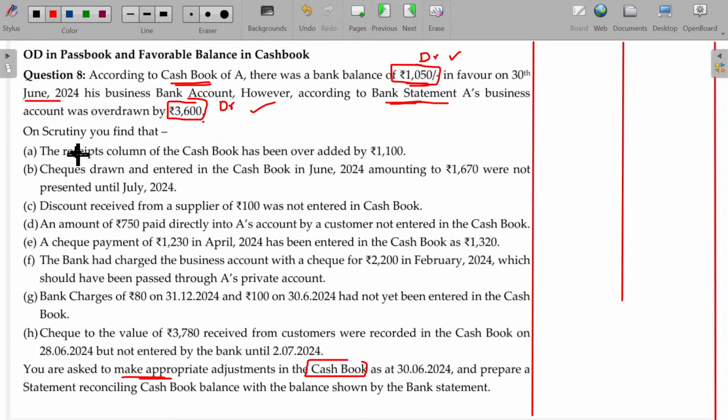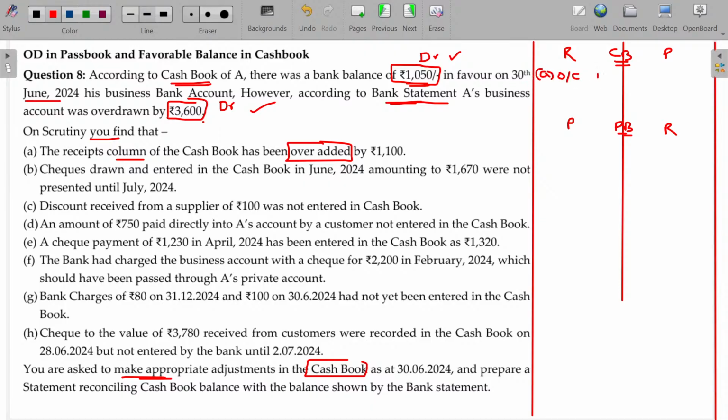Okay. Now, on scrutiny, you find that receipt column. So, we'll start with the cash book as well as passbook. Receipt side, payment side, receipt side, payment side. The receipt column of cash book has been over added by 1100. Receipt side overcast. So A being overcast.